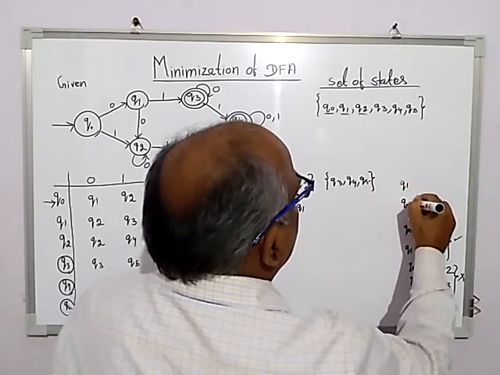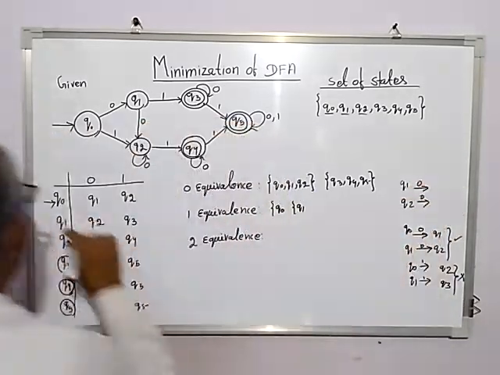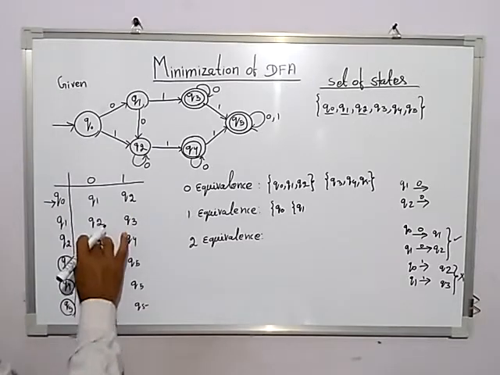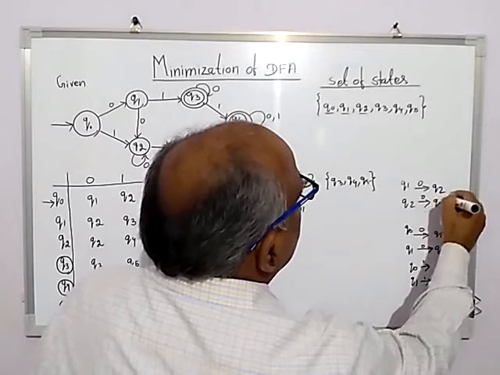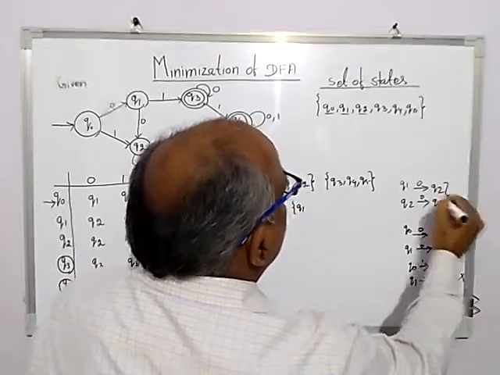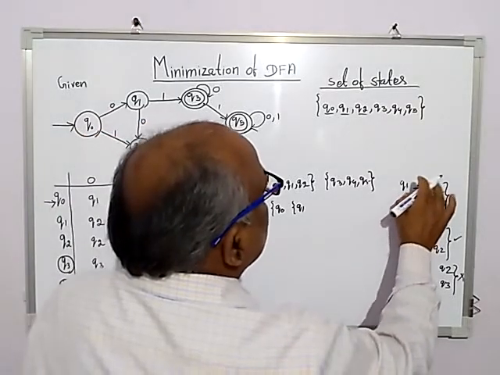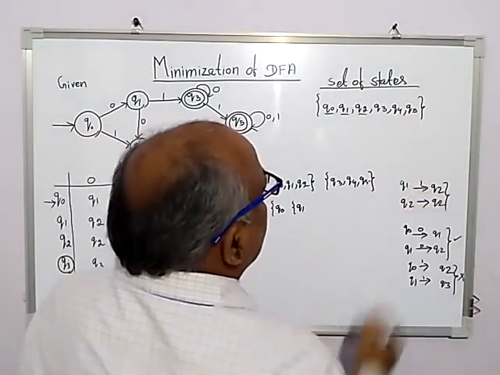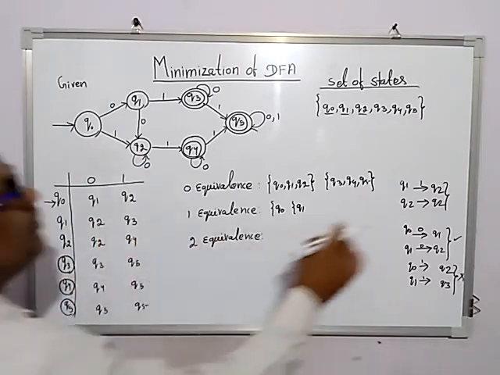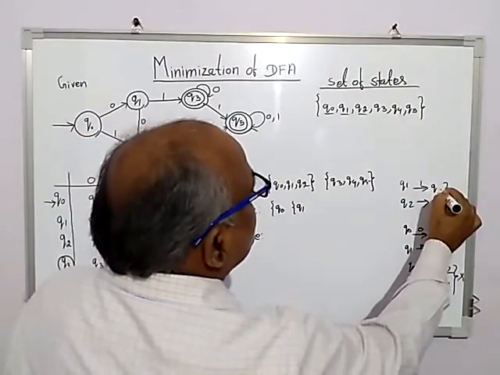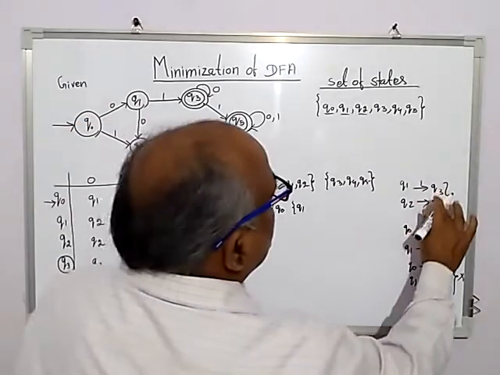Q1, Q2. For 0 input, what will happen? For Q1, Q2, for 0 input, the next states are Q2, Q2. Both are in the same state, Q2. Similarly, for 1 input, Q1 on 1 input will go to Q3, and Q2 on 1 input will go to Q4.